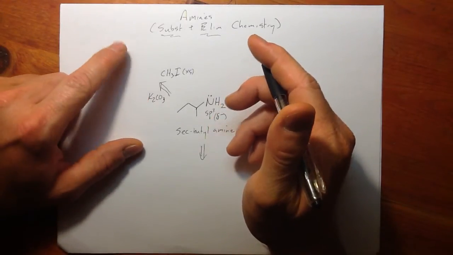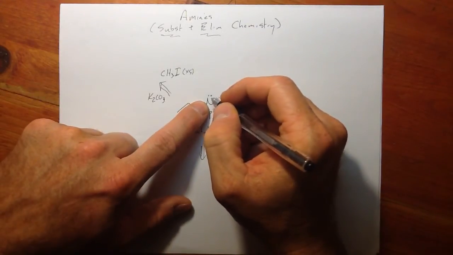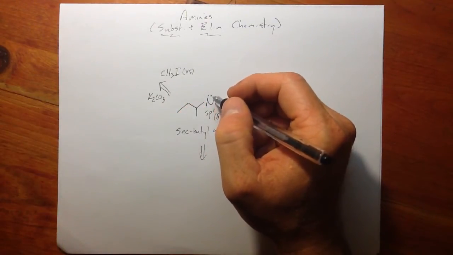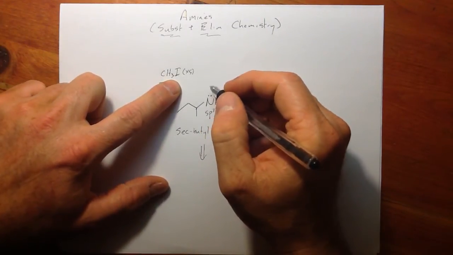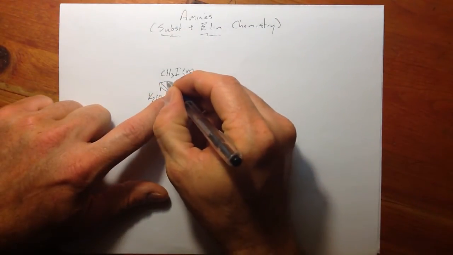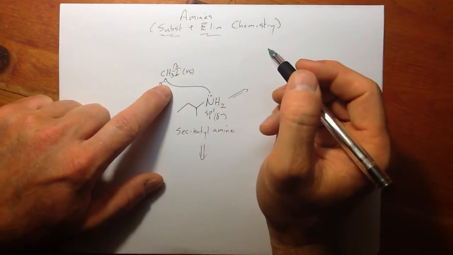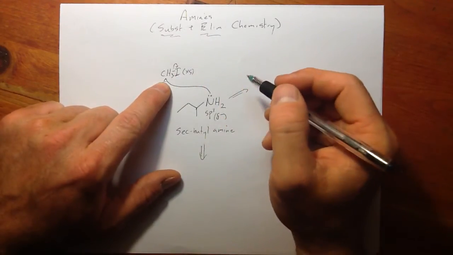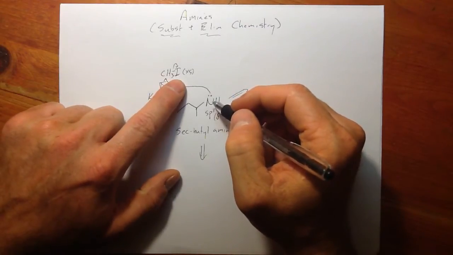So let's look at the first step of the reaction. We know this is a fairly good nucleophile. It's a fairly basic site. So we could propose, with methyl iodide, an RX that has no beta protons, a substitution reaction wherein we start to connect the carbon to the nitrogen at the same time that we're kicking off iodide.